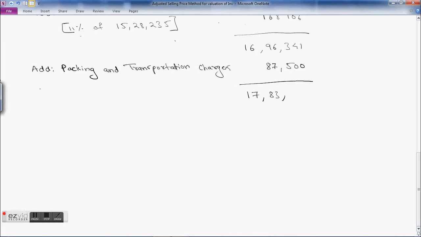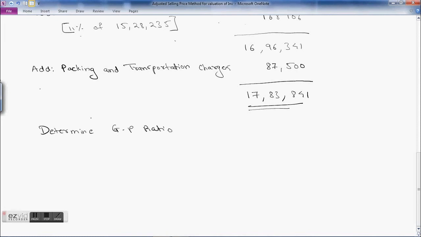So our total purchase price comes to 17,83,841. Now this is the total purchase. Right, now what is the next step?